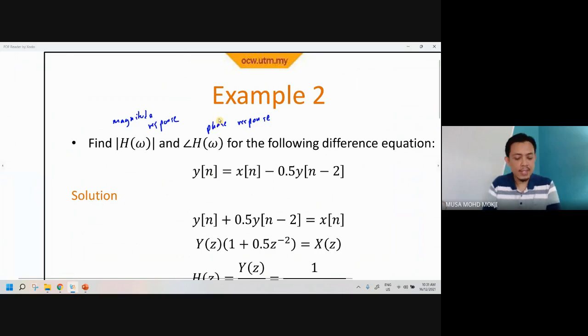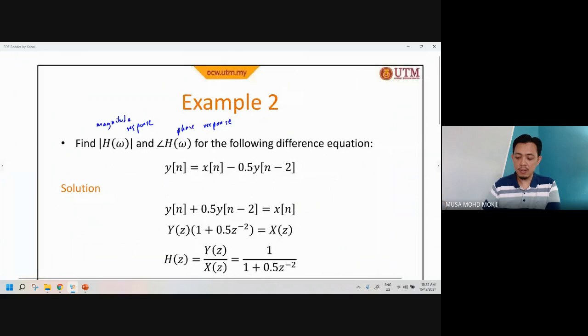Sometimes we call it magnitude spectrum or phase spectrum. It's the same thing, because spectrum refers to a frequency plot. If you have a frequency plot where the frequency is on the x-axis, we call it a spectrum.